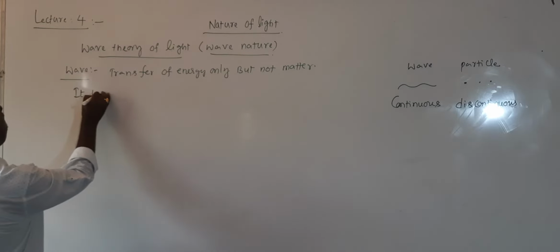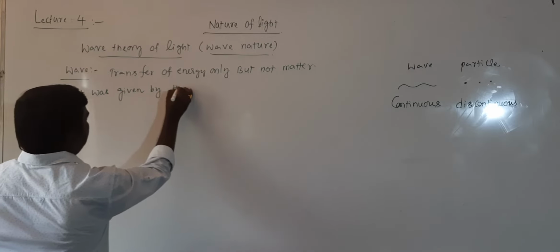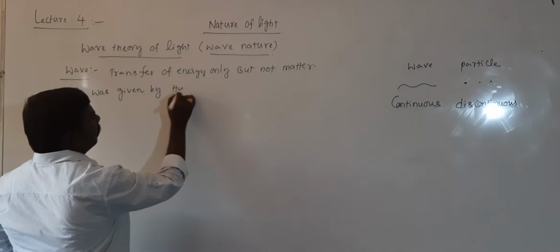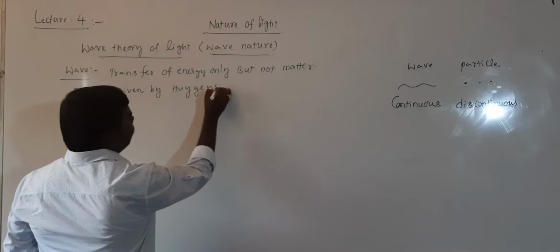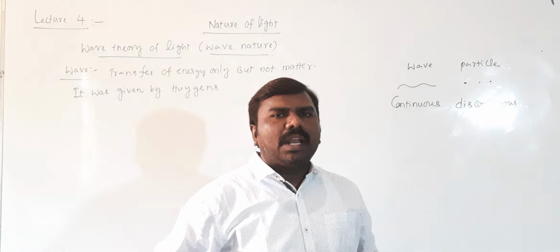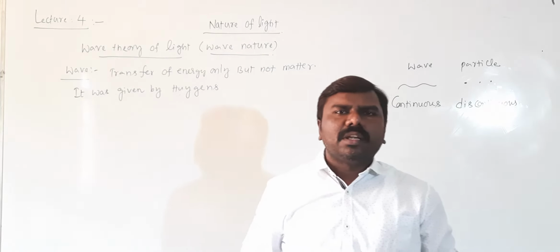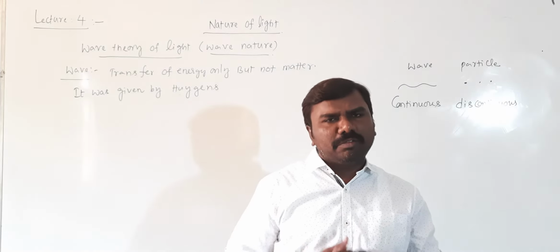The wave theory was given by Huygens. According to Huygens, light is transmitted through space in the form of wave.